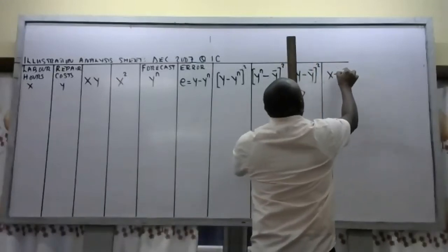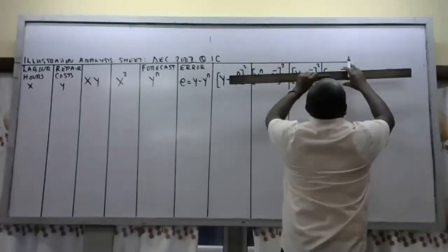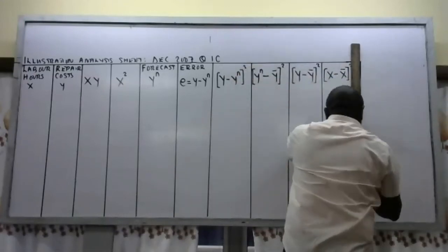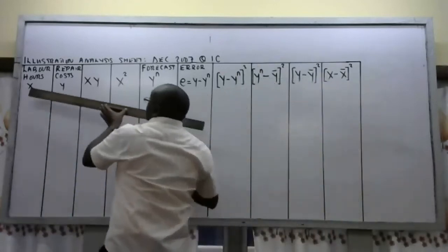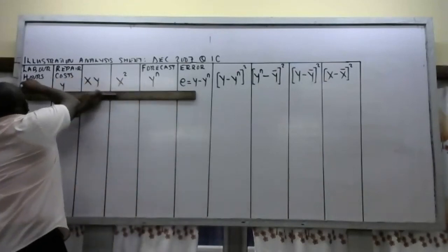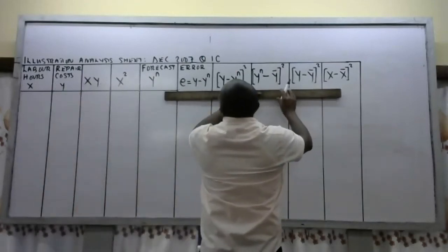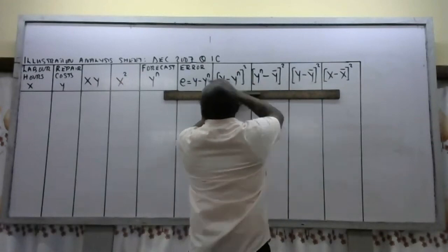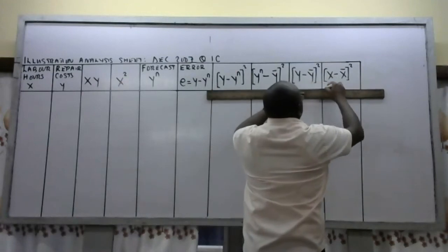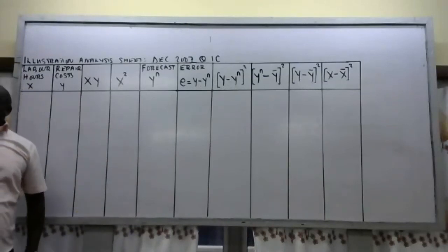Then you have X minus X bar. So that is the design of the table.